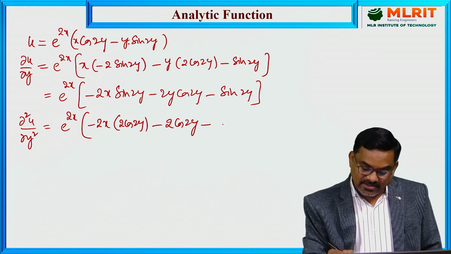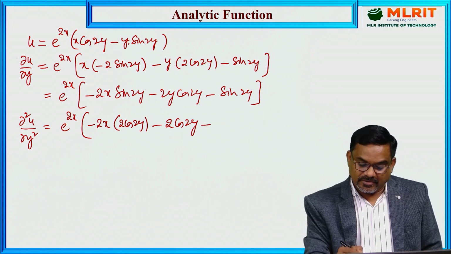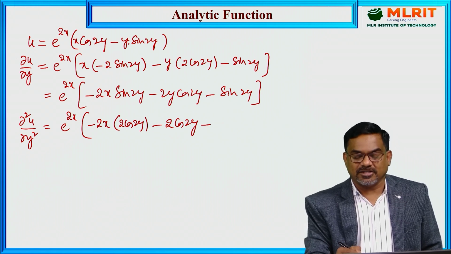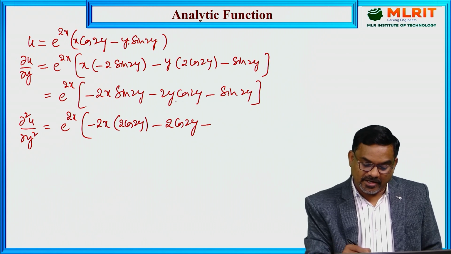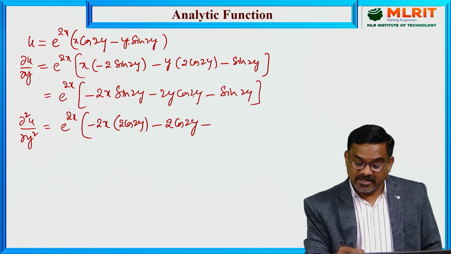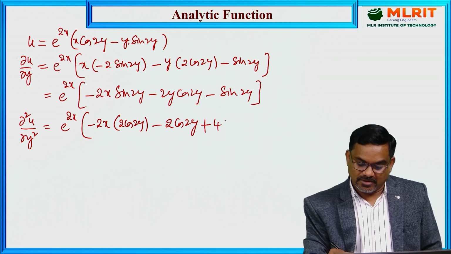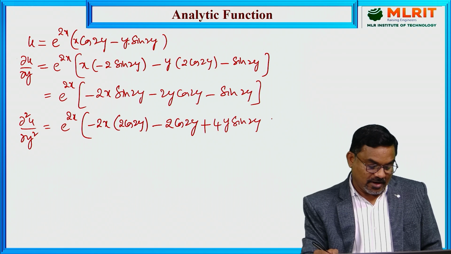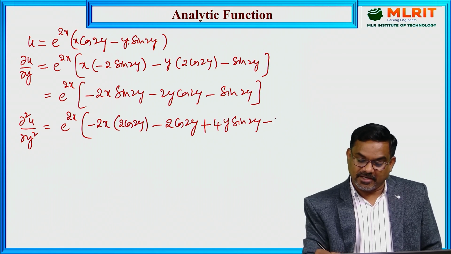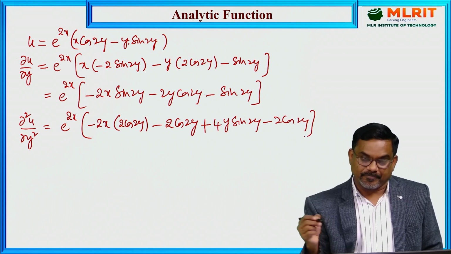Now minus derivative of cos 2y is minus 2 sin 2y. So already we have minus 2 sin 2y. So this becomes plus 4y sin 2y. And again with respect to y here, minus 2 cos 2y.